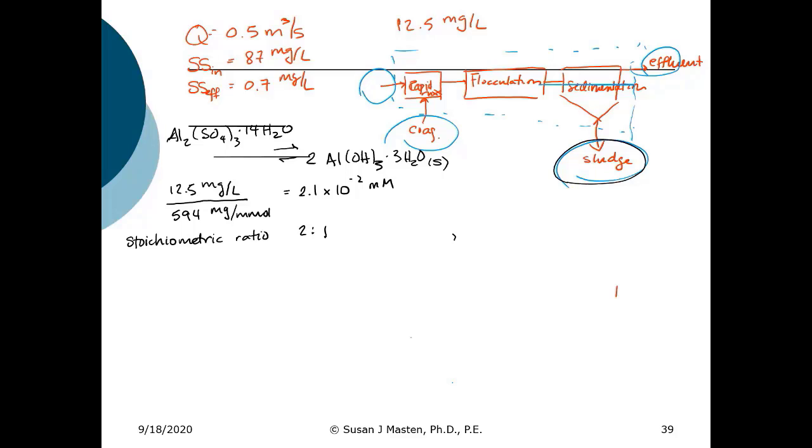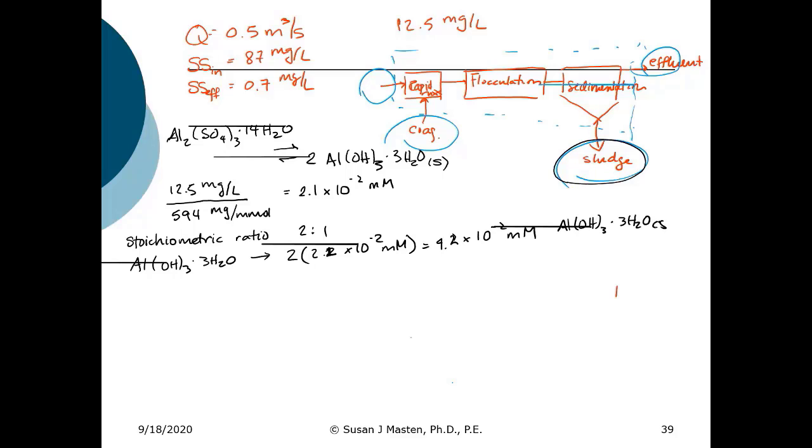So that means for every 1 mole of alum we produce 2 moles of aluminum hydroxide. So in terms of aluminum hydroxide, we produce 4.2 times 10 to the minus 2 millimolar. So this is the amount of aluminum hydroxide precipitate that we would produce.